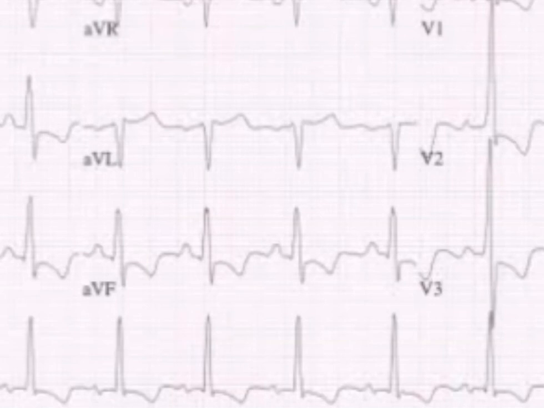If the height of the initial component is more than 1.5 mm, it indicates right atrial enlargement. In the limb leads, if the height is 2.5 mm or more, it indicates right atrial enlargement.